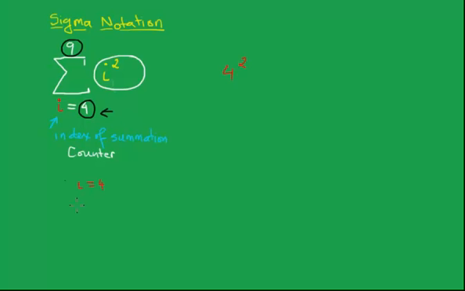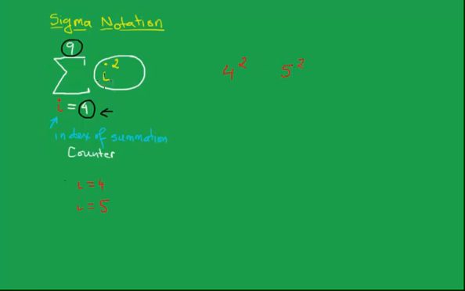We do the same thing when i equals 5, because the increment here is 1. So we count from 4 to 9. So it would be 4, 5, 6, 7, 8, and 9. When i equals 5, we plug the 5 inside this expression, and we get 5 squared.